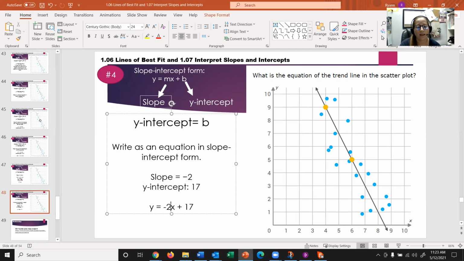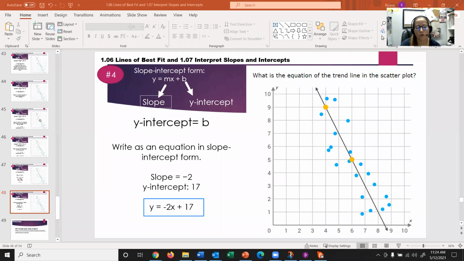So we're going to plug in -2 for M and positive 17 for B, and we would get a final answer of y is equal to -2x plus 17. And this is exactly how you're going to write it into IXL as well. You're going to write it as y is equal to -2x plus 17.